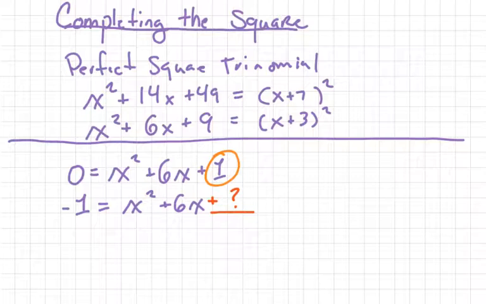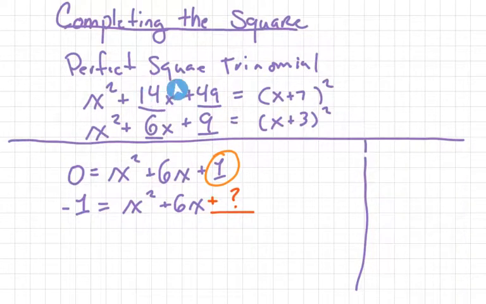And if you notice, to go from 14 to 49 or from 6 to 9, what you need to do is take this b value, halve it, and then square it. Half of 14 is 7, and then square it. If you have 6, half is 3. If you square 3, it is 9. So that's the relationship, and we're going to use that relationship.